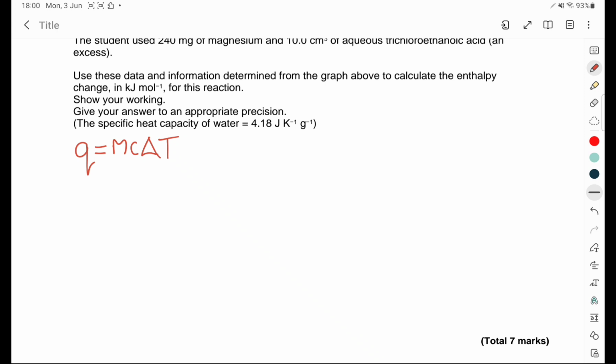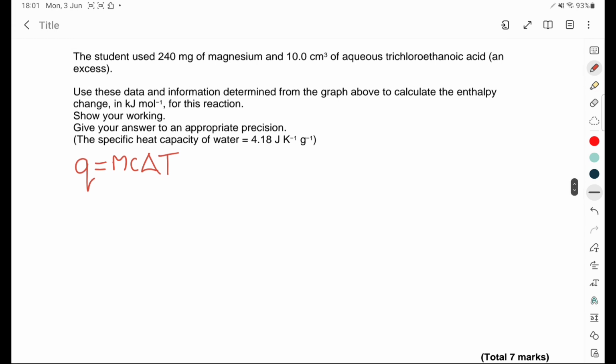And actually what we're saying really is we're heating up the water that our substance is dissolved in. It's not 100% accurate, but it's close enough to the truth that it gives you a pretty good answer. So Q equals mc delta T. The mass then is the mass of the solution, which is the mass of the aqueous trichloroethanoic acid.